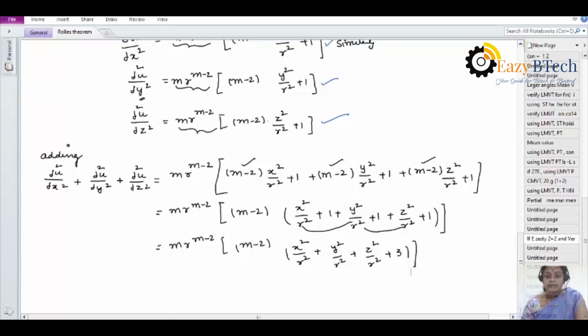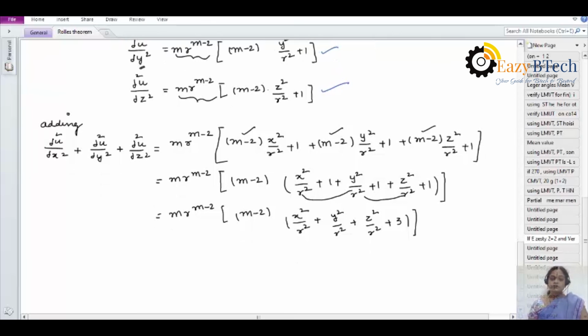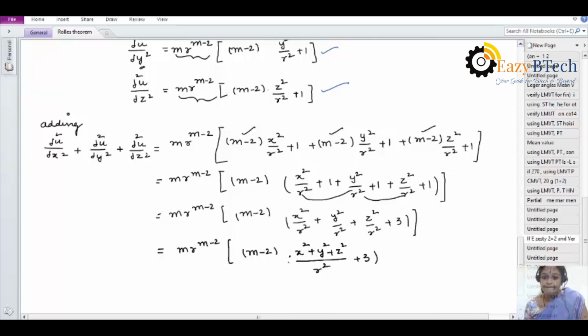Yeah, and here in the RHS, m into r power m minus 2, and m minus 2 into, so the denominators are the same here, then x square plus y square plus z square by r square plus 3. Okay, and the next thing here, m into r power m minus 2 and m minus 2.